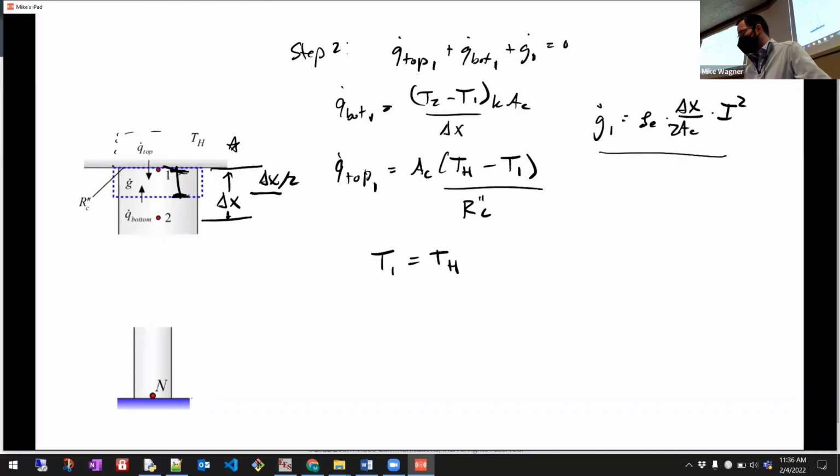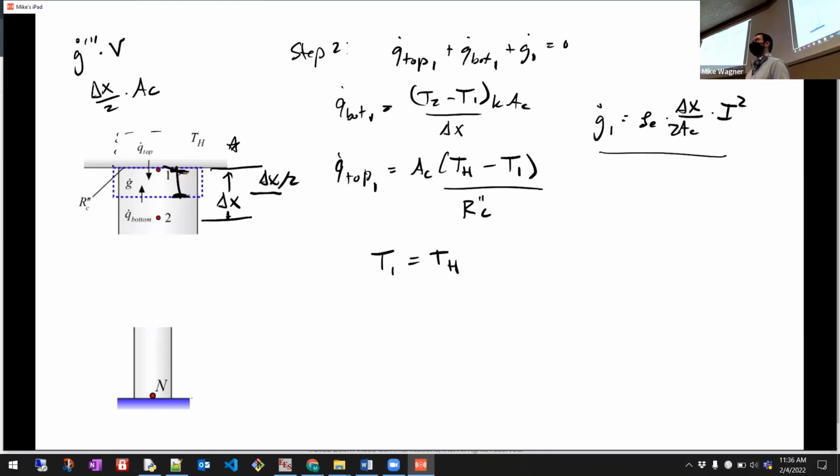If we were given G dot triple prime as a constant, it would be G dot triple prime times V, where V is delta X over 2 times AC. You just scale it down by the actual volume of the control volume you're using.